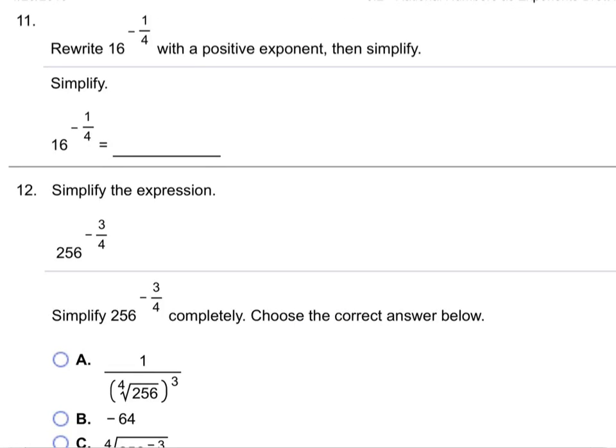Number 11. Okay, we're going negative now. Things are changing. We need to talk about that. I don't know if anybody remembers: what does it mean if you have a number like 7, or let me just do an x, to the -1 power? What in the world is that?